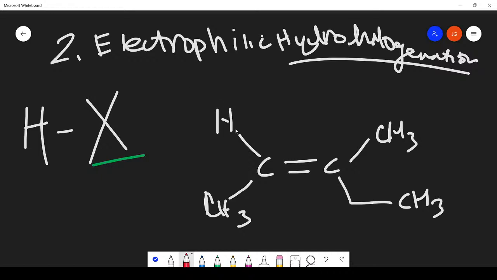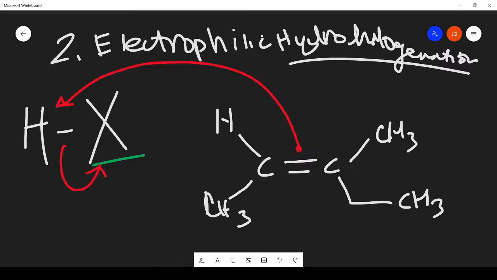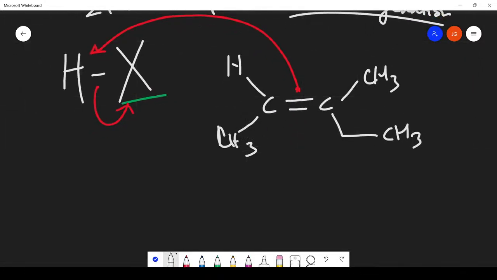So, okay, in this case, we're going to have our nucleophile, the pi bond, attack the hydrogen, our electrophile. So this is just our general mechanism that we went over at the beginning, and we're going to get... Oh, there's no more double bond.